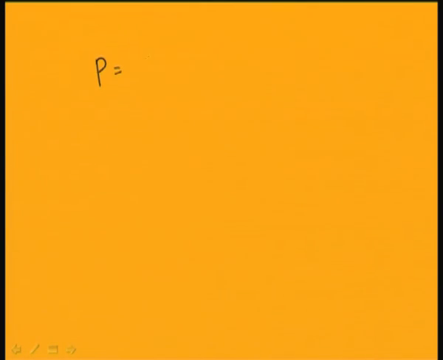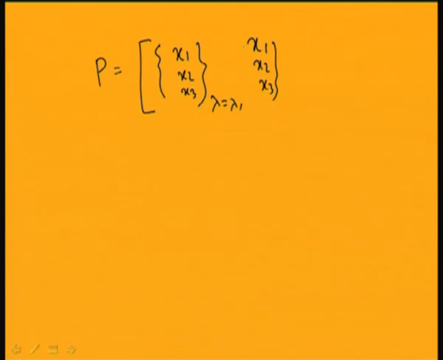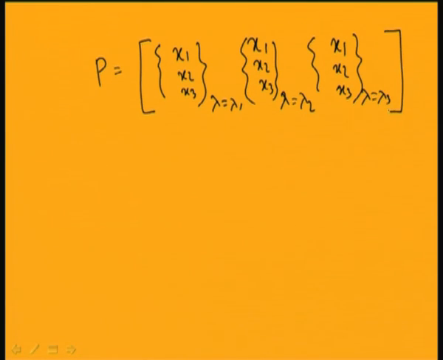In that case P will be written as x1 x2 x3 at lambda equal to lambda 1, then x1 x2 x3 at lambda equal to lambda 2, and x1 x2 x3 at lambda equal to lambda 3. So, by using this modal matrix one can uncouple the equation of motion.